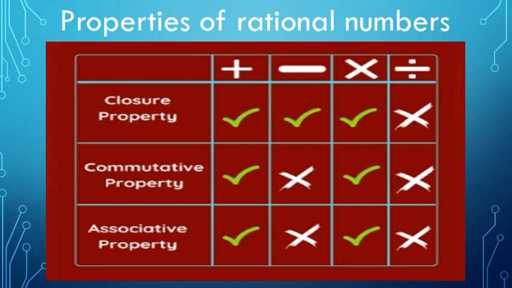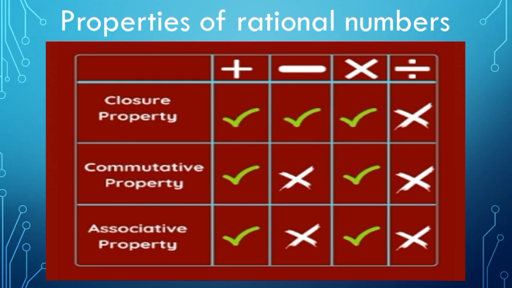Now minus 3 by 2 plus, in bracket, 1 by 2 plus 1. If you add 1 by 2 plus 1 first, you get 3 by 2, and 3 by 2 plus minus 3 by 2, you get 0. So addition is associative. Now let's see about subtraction.